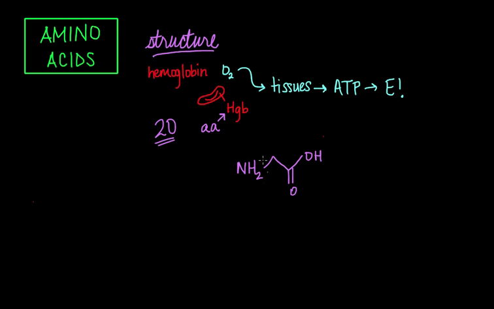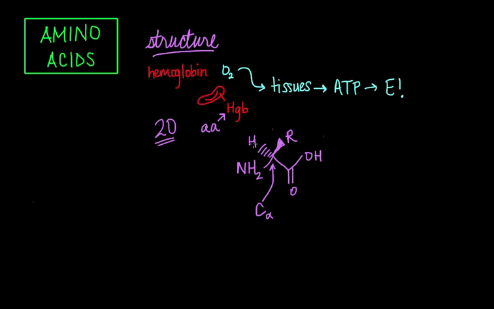You have amino from the amino group, and then you have acid from this carboxylic acid group here. Linking the two groups is this carbon atom, which we call the alpha carbon. Bound to the alpha carbon is a hydrogen atom, as well as a unique side chain, or R group. We just use R to denote any generic side chain.